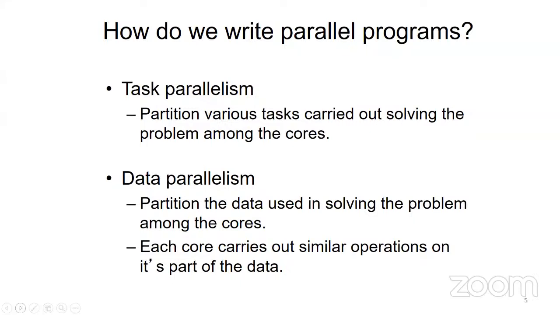Here you can see how we write the parallel program. One is task parallelism, another is data parallelism. I will discuss them one by one, because the main concern is speeding up the computation. Why do we need parallel computing?